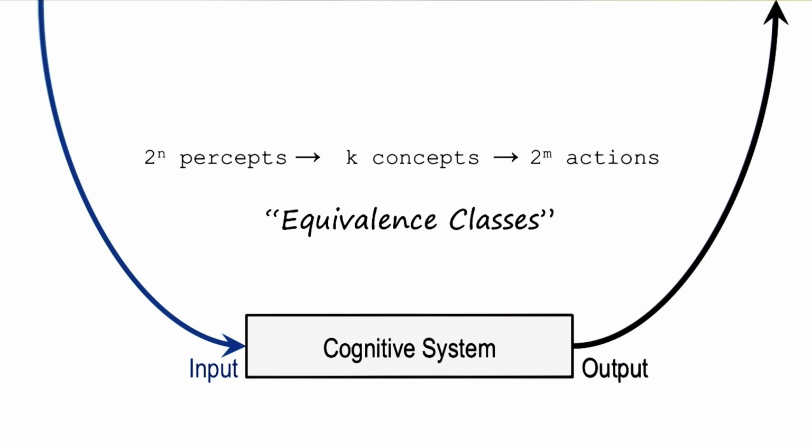Another example of this, coming from computer programming, would be that we might have a small number of different ways in which a computer program can go wrong, but a large number of different percepts that tell us what has actually gone wrong. For example, in my percepts, I might have whether or not I received a null pointer error, whether or not I received a memory allocation error, whether or not I received an index larger than the size of an array error.